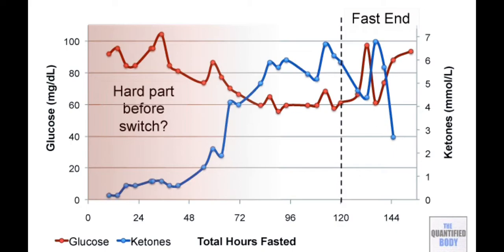Ketones are substances which are produced from fat and used as a source of energy for muscles and other cells. So we see that after the third day we have a very high concentration of ketones and a relatively normal concentration of glucose.